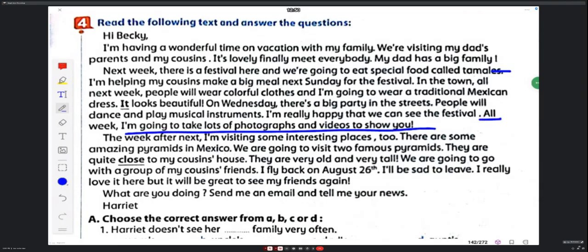So all week I am going to take lots of photographs and videos to show you. I am really happy that we can see the festival.